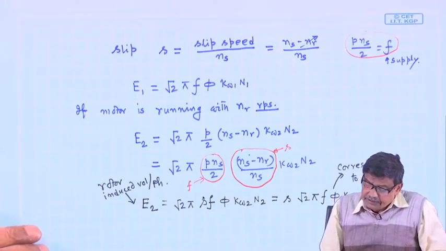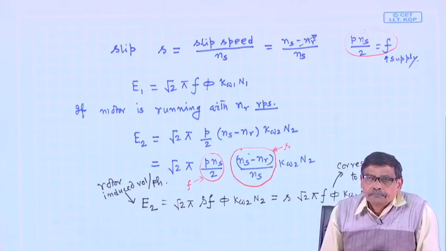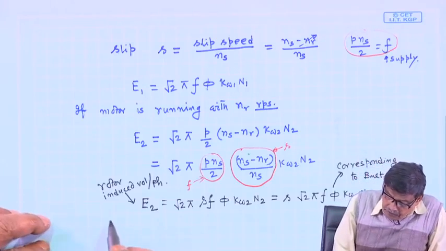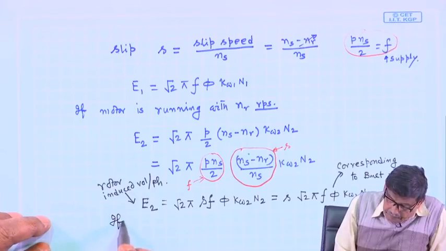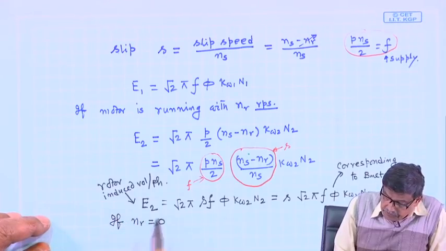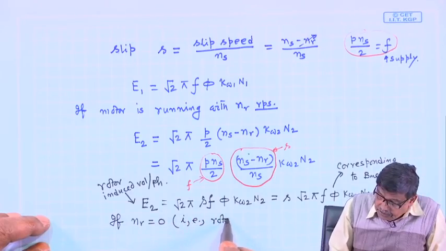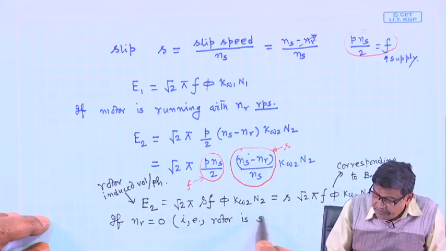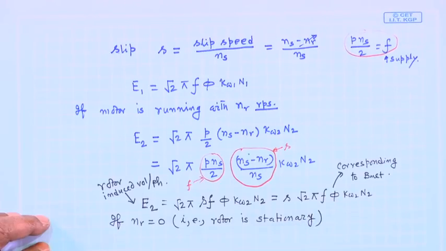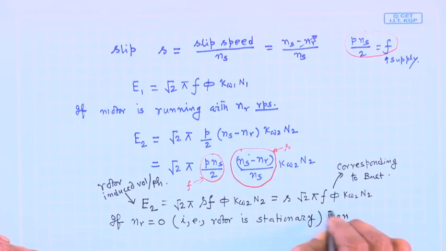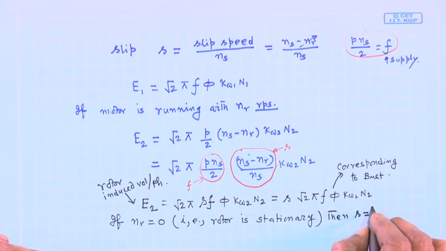A special case is when the rotor is stationary. If n_r equals 0, that is, the rotor is stationary condition, then s equals (n_s minus 0) by n_s, which is obviously equal to 1.